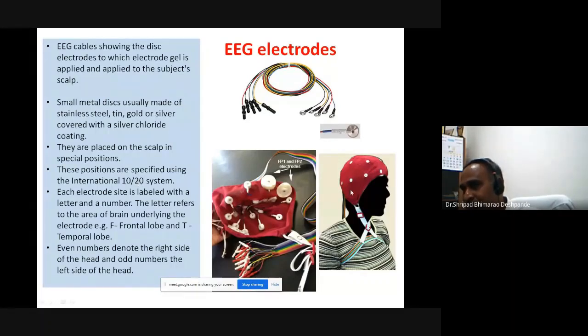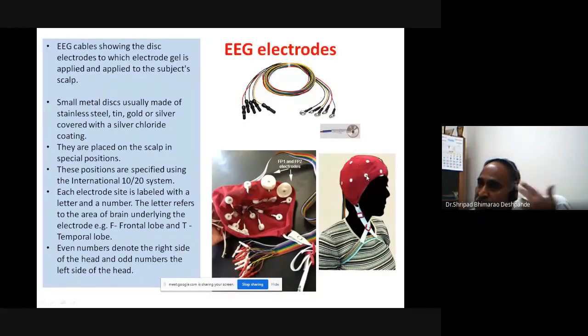You can just see this here. You have the central and the left hand side, this is the cap, and you just put the cap there. You don't have to worry. The only thing is that the particular location should be free from hair, and if there is hair, it may be better to clear it and prepare the part.